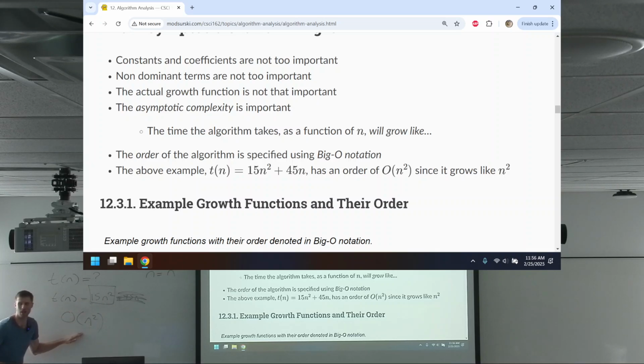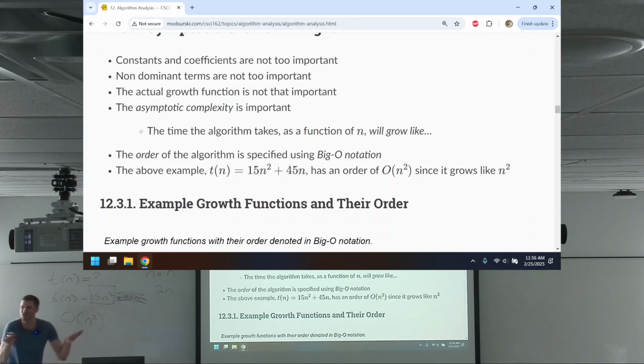But I'm talking about how it scales. So if n is now 2n, the total amount of work will be 15 times 2n squared. But how much it actually changed is just the n squared. It's 2n squared. That's what I care about.